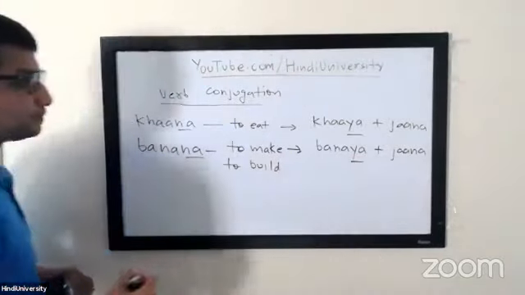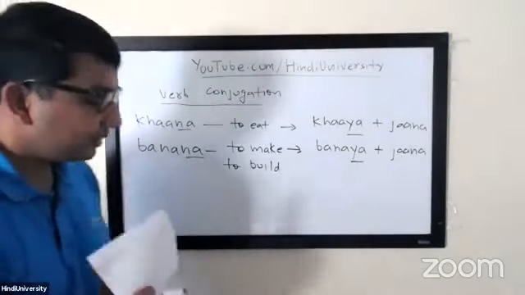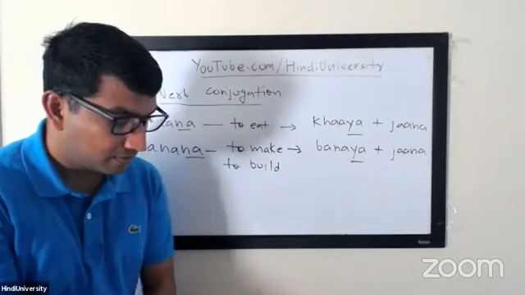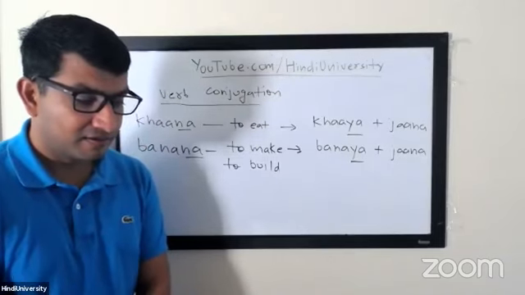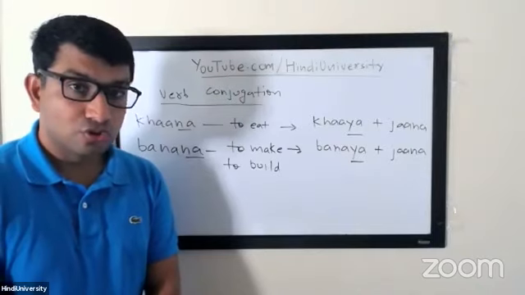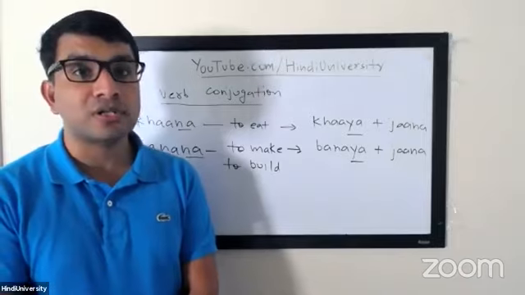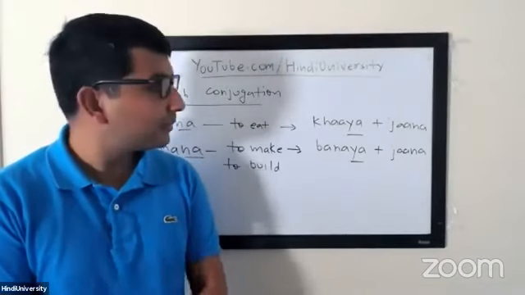May I ask a question? Yeah. If I want to say idli was made, would it be idli banaya jata hai or jana hai? You said idli was made, right? So you are saying it in the past form.